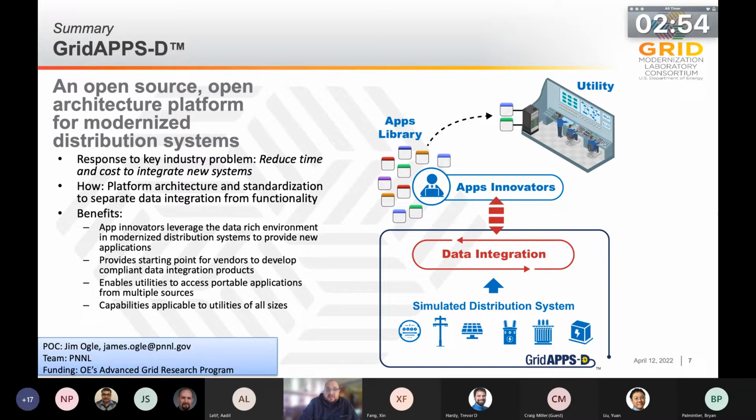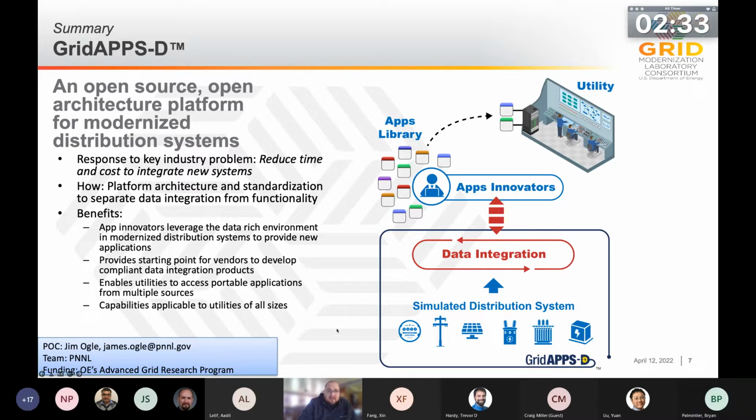So it's separating the data aspect so that they have a common standard API to interface with the utility's system.